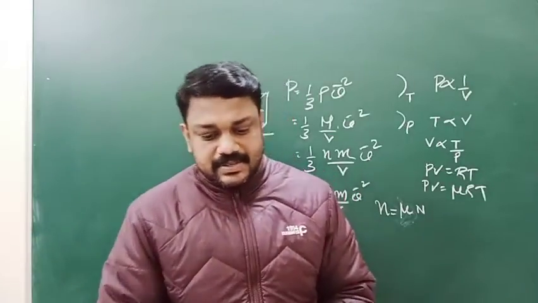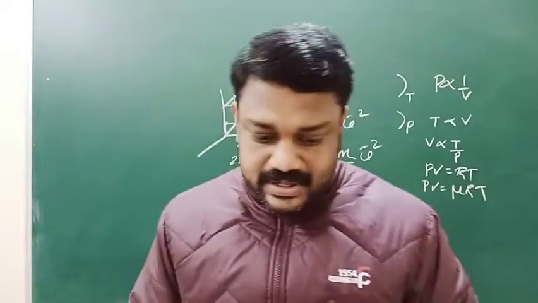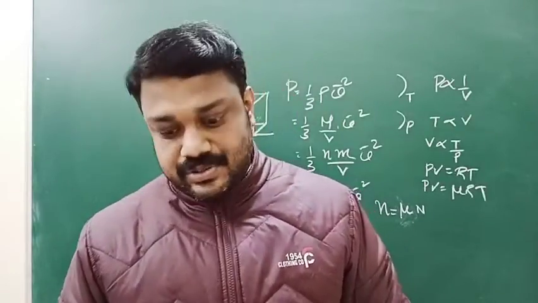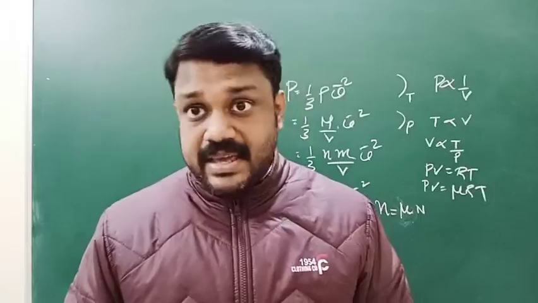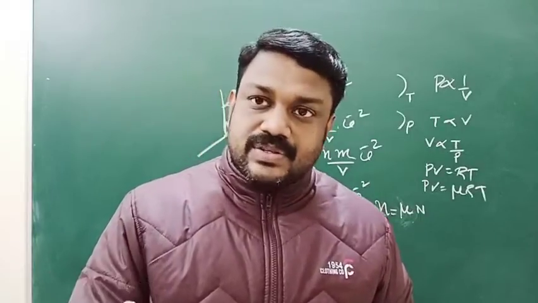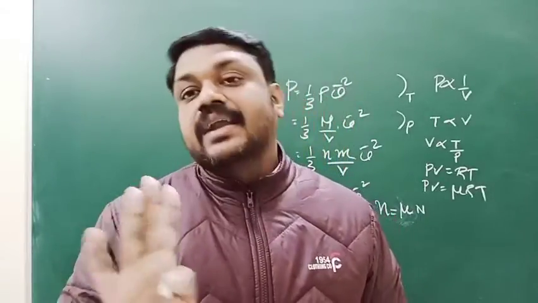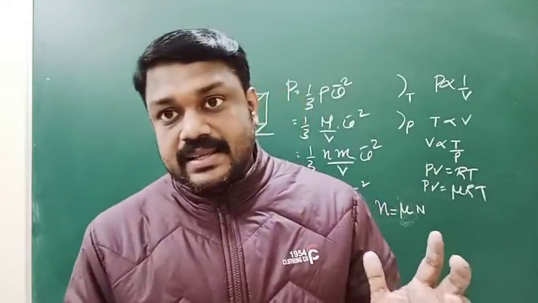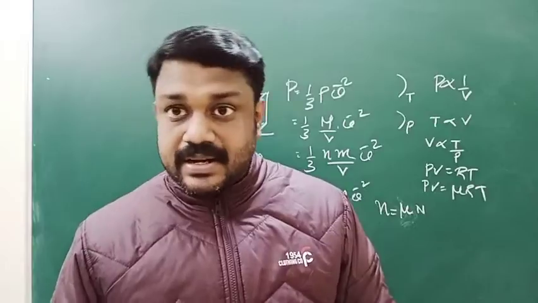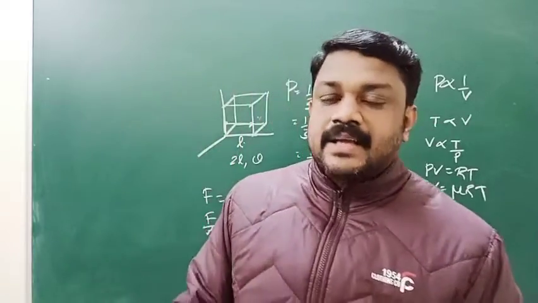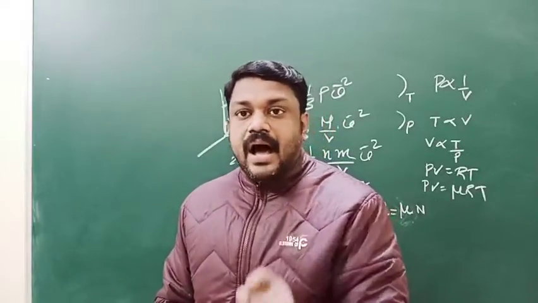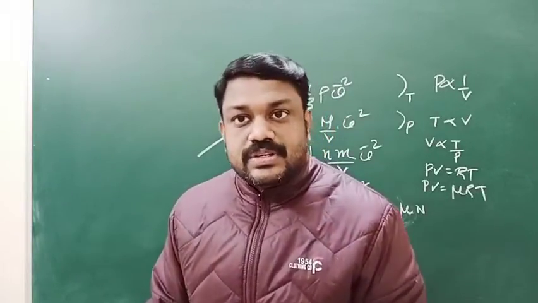So from RMS velocity or the pressure equation, we can have the thermal equilibrium and kinetic interpretation of temperature. Kinetic interpretation of temperature means how temperature is related to the RMS velocity, because we have already said that temperature is the average kinetic energy of the particles present in the system. So it is related to velocity.